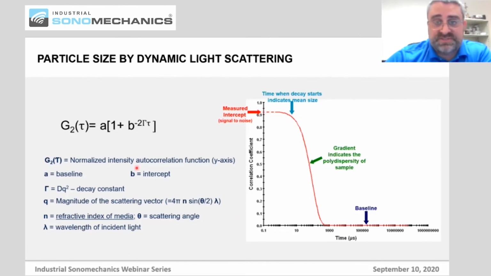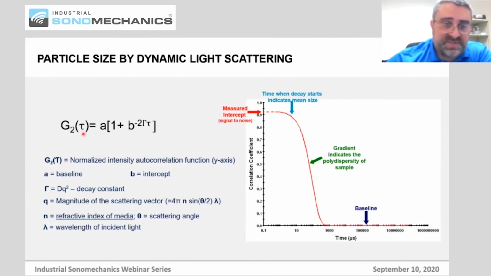The point where it starts to drop is where the size is going to be calculated from. The slope of this decay is the polydispersity index. When it goes all the way down to flat baseline, that's where there's no correlation. So you have high correlation at the top, no correlation at the bottom, and a gradual decline over a time period. This is G2 of tau, where tau is the time delay, the overlapping time intervals, and we're looking for that correlation.